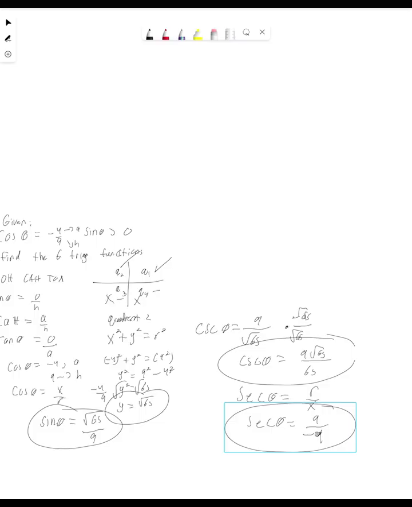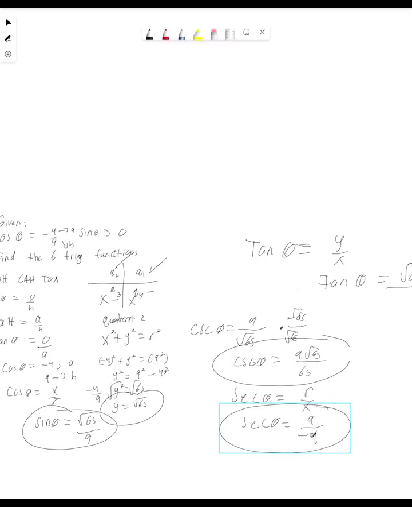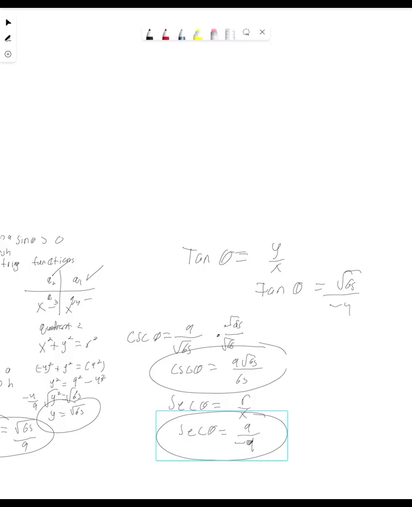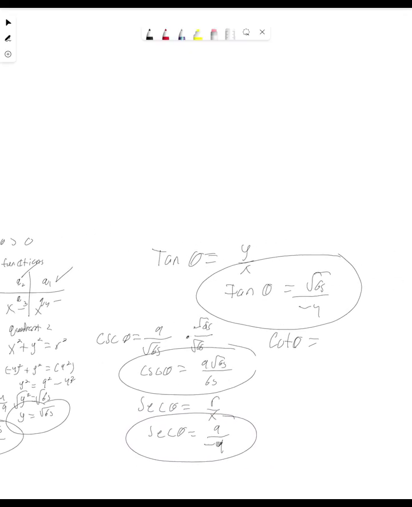That makes sense. Even with cosecant and sine, we can prove that they're reciprocals just by looking at it. If I flip that, I'll have to rationalize. And then tangent of theta equals y divided by x. So tangent of theta equals square root of 65 all over -4.